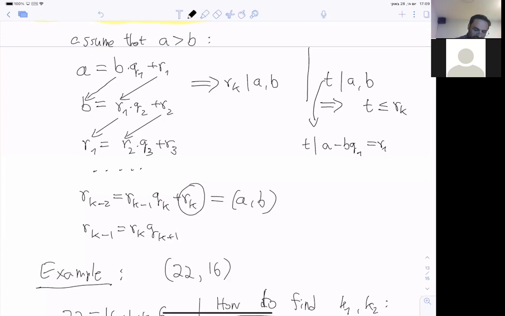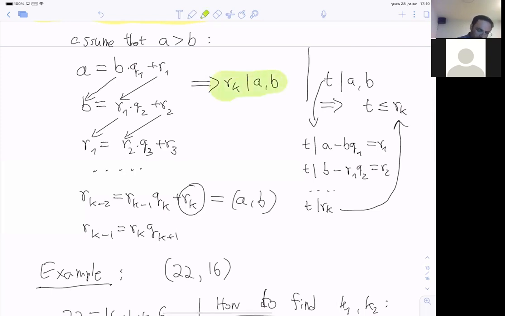So t divides R1, okay? And if t divides R1, then it divides also R2, because it divides B minus R1 Q2, which is R2. So finally, t divides also Rk, and this is what we wanted to show, because this gives you that t is smaller or equal to Rk.